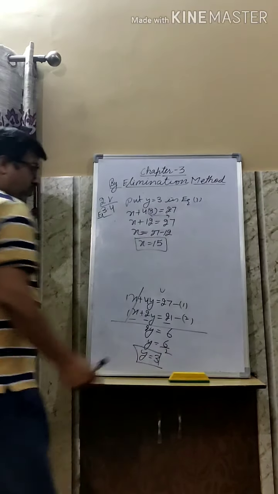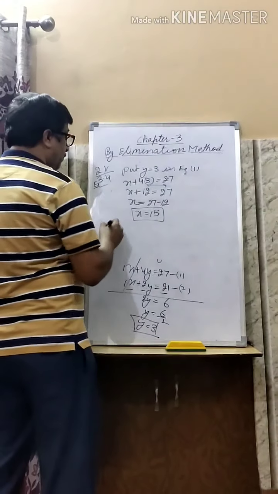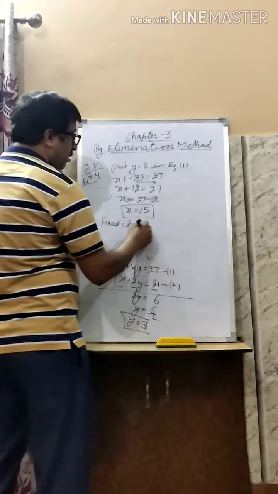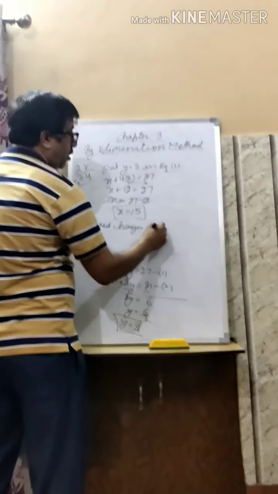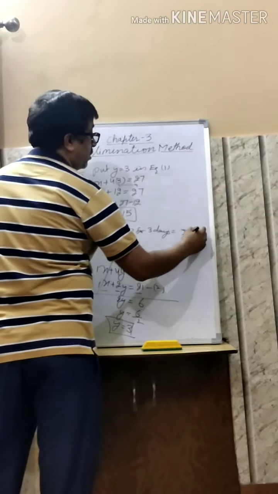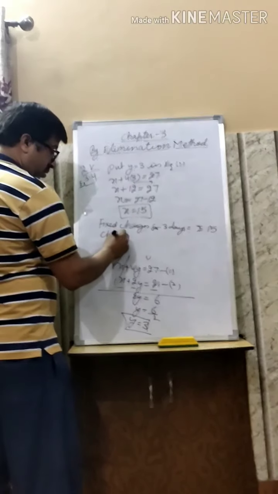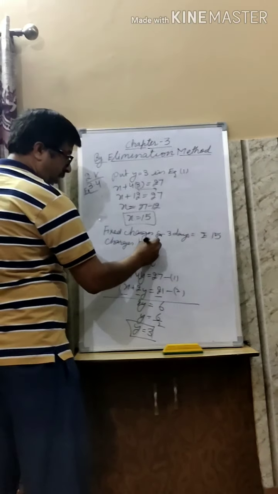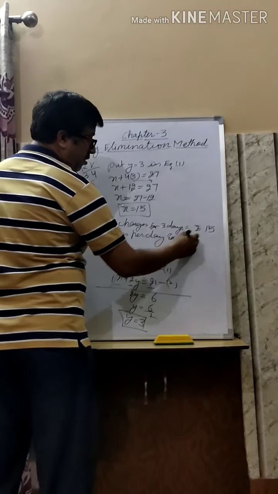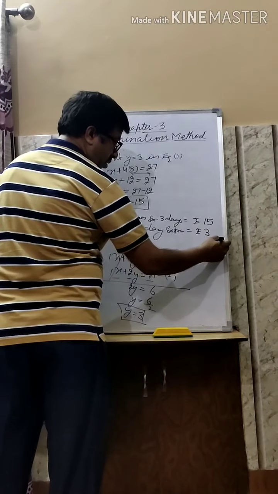So value of x and y you got, but write the answer in proper form. So therefore, fixed charges for first 3 days, that is rupees x, that is rupees 15. So charges per day extra, value y, that is rupees 3.